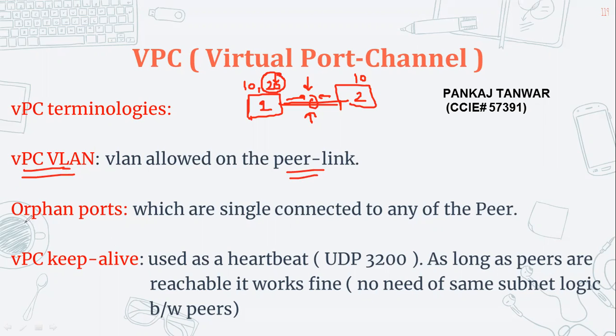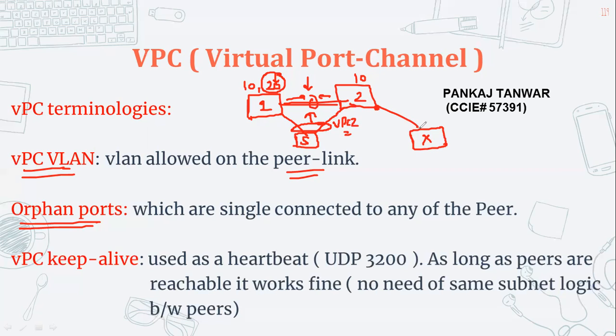Okay, next is the orphan ports. You can think of orphan ports like this. Let's say there is one server here, S, which is connected to both your peer devices, and you have formed one VPC here, let's say VPC2. And there is another server here, let's say X, which is connected only to switch number 2 of your VPC peer.